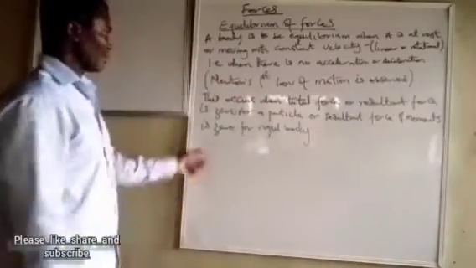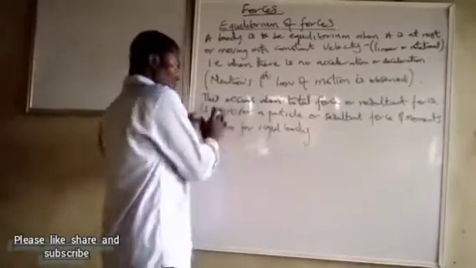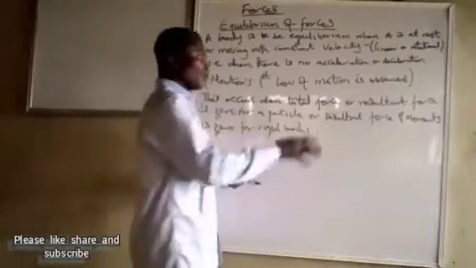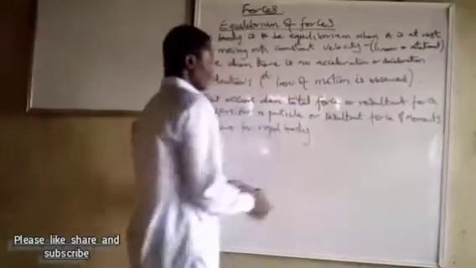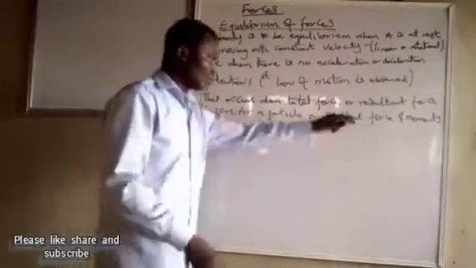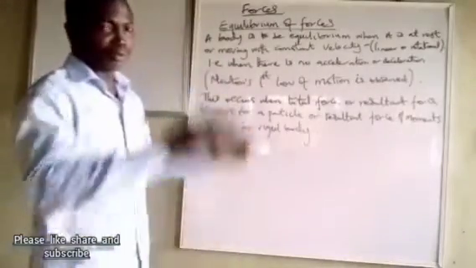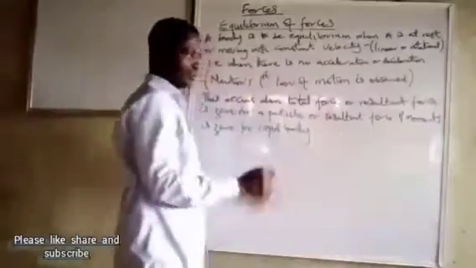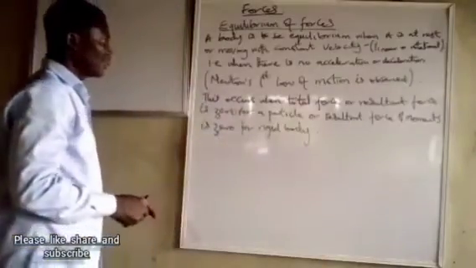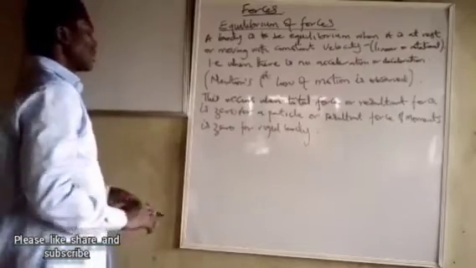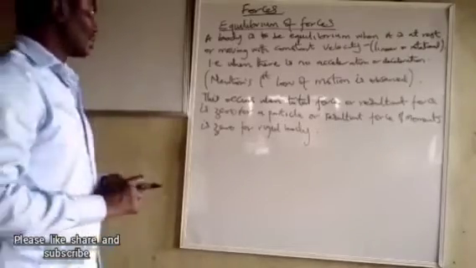Please take notes. For a particle, force needs to be 0. But for a rigid body, the resultant force and moment must be equal to 0. We'll get to that one later on, very soon. So, let us now look at some important words in this case.